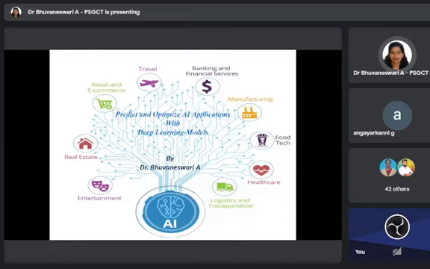The deep learning models in correlation with AI applications, like how deep learning models are applied for different applications that adapt AI features. Okay, so everyone, I hope the participants are familiar with the AI concepts and technology.